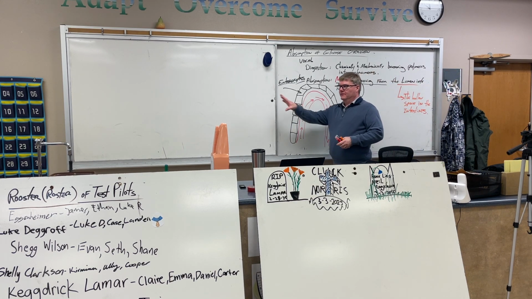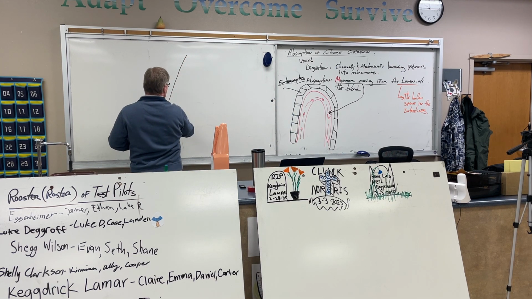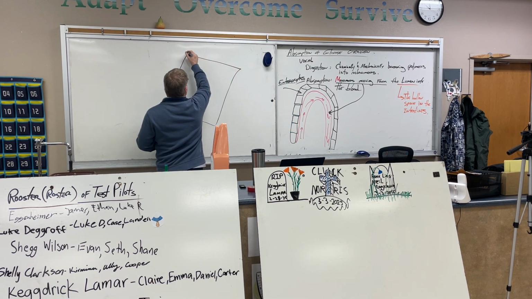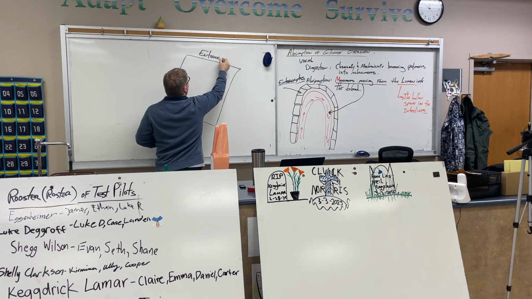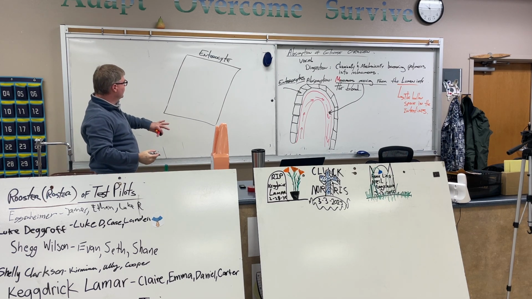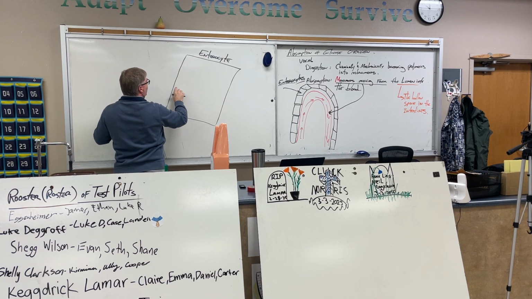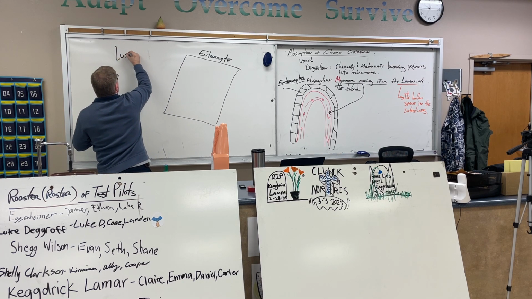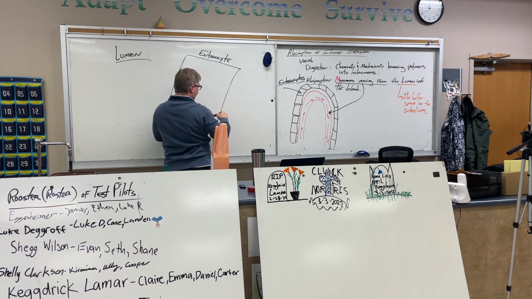All right, so this is one large enterocyte. If you were to look at an enterocyte really up close, let's say this is the lumen here, and this is the bloodstream here.